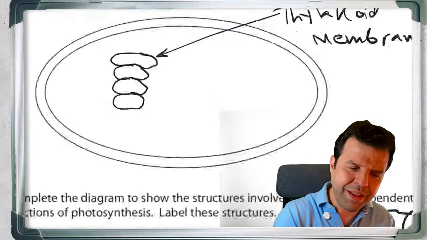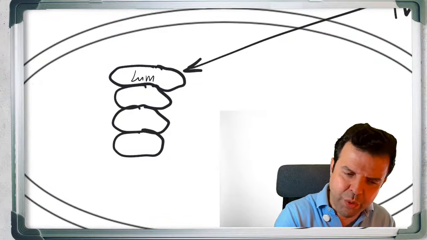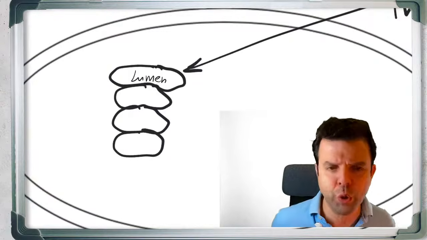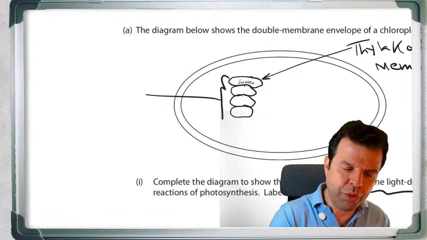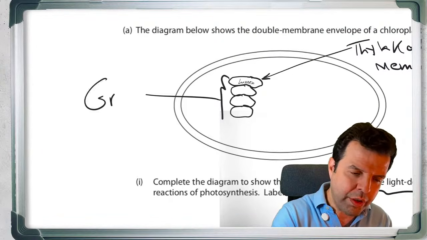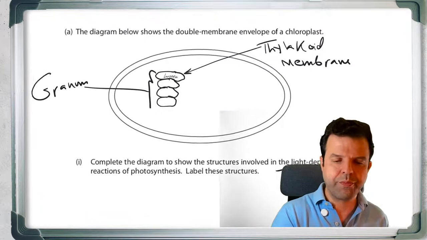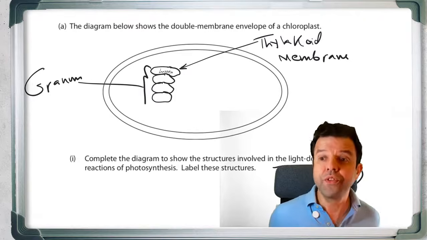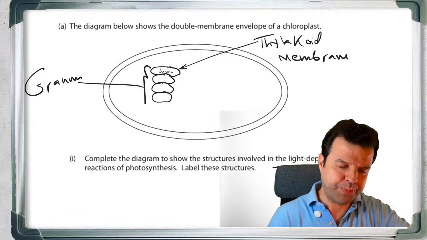So the line here is the membrane, and this part here, which is not necessary for this question, we call the lumen, thylakoid lumen. And the entire thing, remember, the whole thing is called a granum. Good? So this is the 2 marks. You show granum, you show the thylakoids.